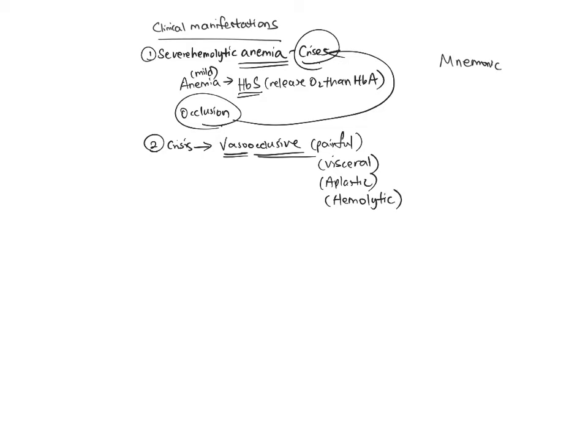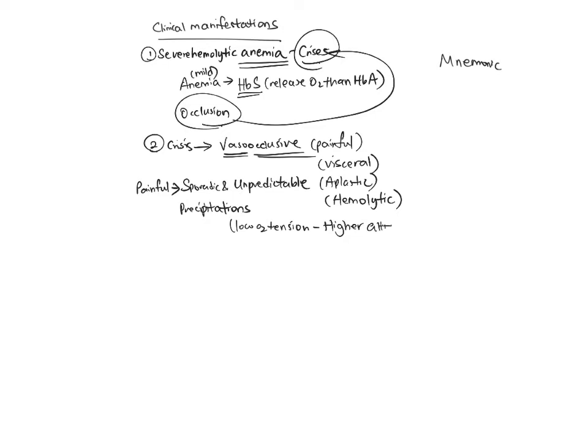So in terms of painful crises, it could either be sporadic and unpredictable, so it can happen for no apparent reason, or it could be due to a precipitation of certain conditions. Like I mentioned before, when there's low oxygen tension, say in higher altitudes, patients could be more likely to develop a sickle cell crisis.